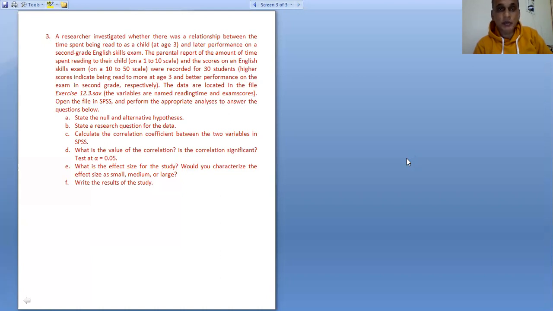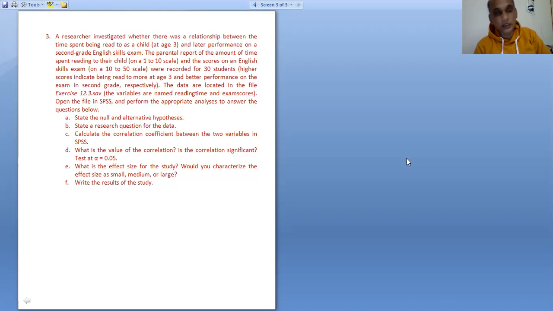The parental report of the amount of time spent reading to their child on a 1 to 10 scale and the scores on an English skill exam on a 10 to 50 scale were recorded for 30 students, and higher scores indicate being read to more at age 3 and better performance on the exam in second grade, respectively. The data are located in the file 12.3.sav, and the variables are named reading time and exam scores. So we have to open the file and perform the appropriate analysis to answer the questions.